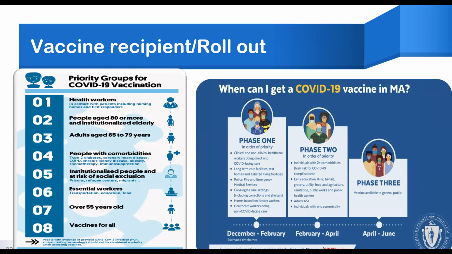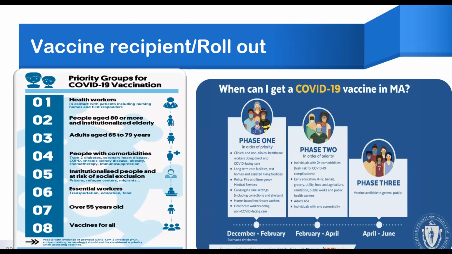Then next is long-term care facilities, rest homes and assisted living facilities. Or next is yung police, yung mga police or fire and emergency medical services natin. Then, congregate care settings, including corrections and shelters. Home-based healthcare workers and healthcare workers doing non-COVID facing care. So, yun yung phase 1 natin.